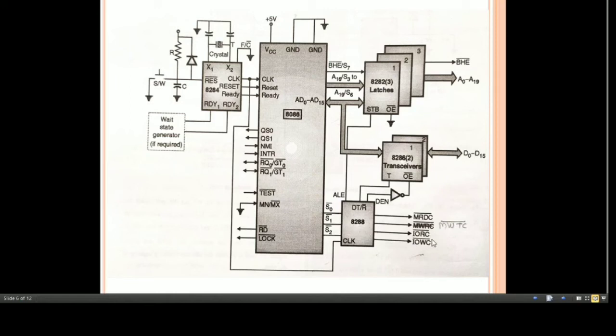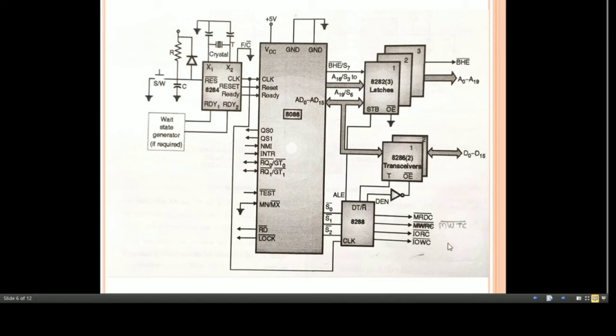Then IORC bar, IOWC bar. The MRDC bar and MWTC bar are the memory read and memory write command signals. So here RD indicates read and WT indicates write, C for command and M for memory. So it is memory read command and memory write command signals.